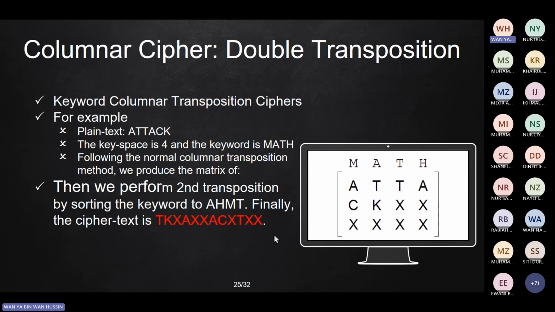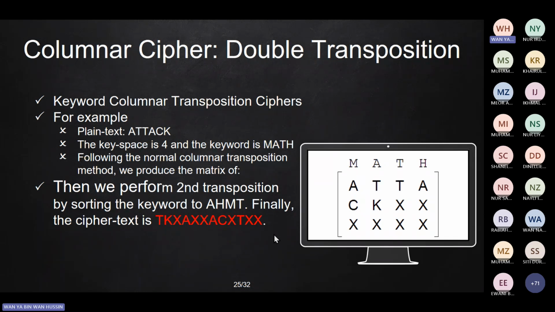When we apply the second transposition, it has many more possible combinations.